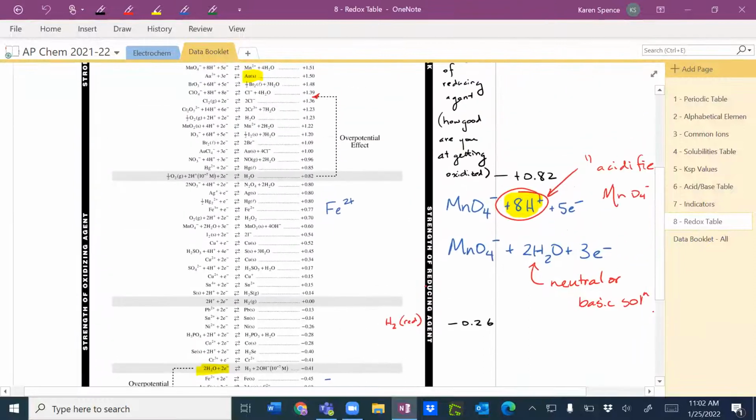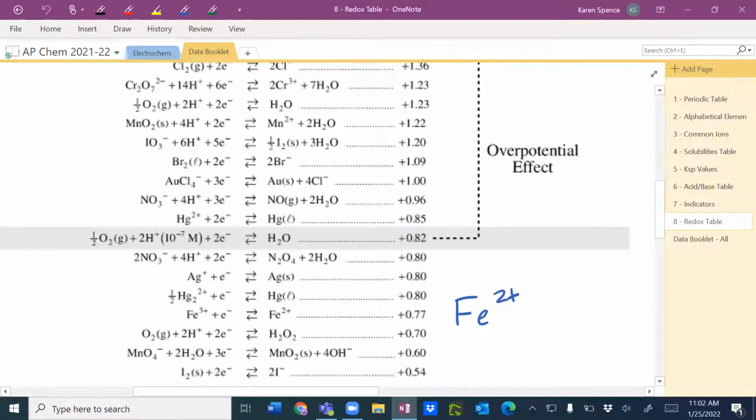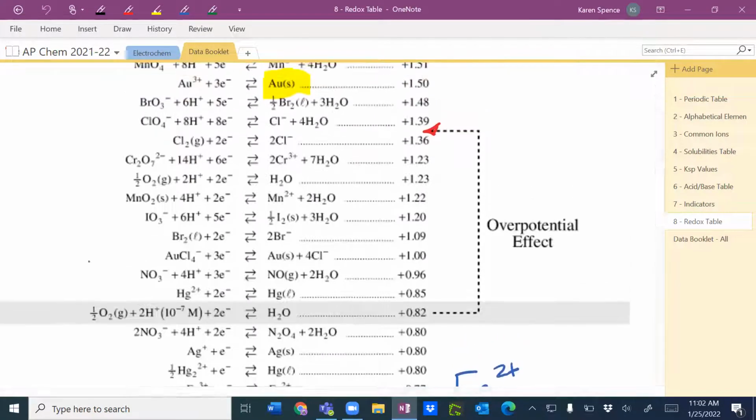So if we're losing electrons, we're going to be looking on the right-hand side, and we are going to be looking for chloride. So here is chloride. And we also wanted water. So here is water. Now, if we were just looking at the chloride and the water, we would say, because chloride is within the overpotential bracket, out of chloride and water, chloride wins.